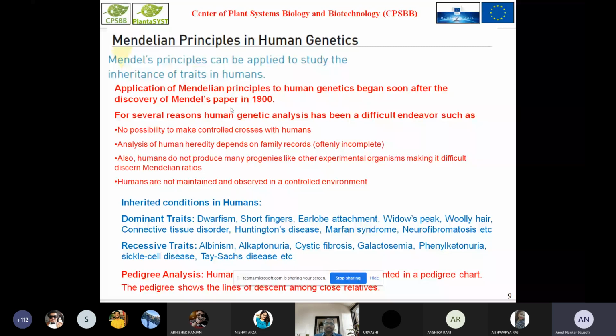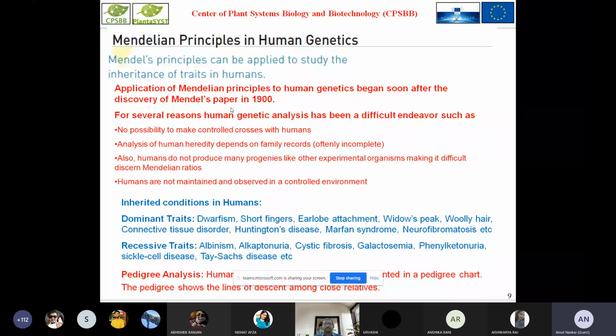There are popular examples like dwarfism, earlobe attachment, short fingers, and one of the very well discussed is Huntington disease. For today, we are going to see Huntington disease to understand how the inheritance of a dominant trait happens.